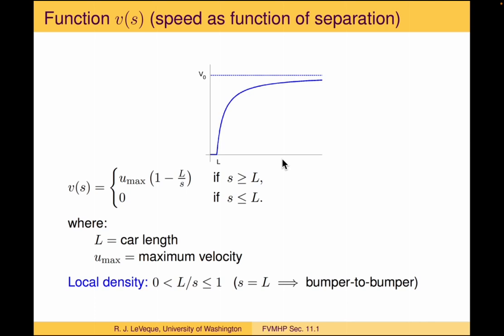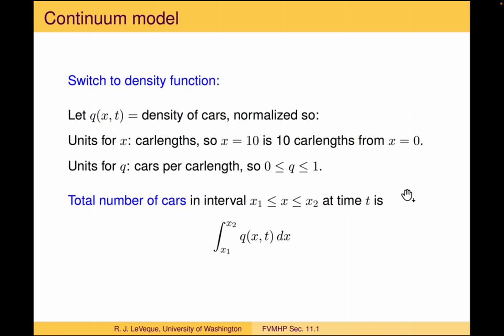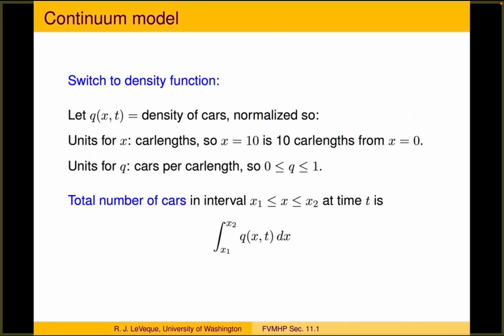So we can define a local density based on the separation between cars relative to the car length. The way it's defined here, that would be between 0 and 1, with 1 corresponding to bumper to bumper traffic and 0 corresponding to an empty road. So if we want to go to a conservation law now in a PDE, we want to switch to a density function. Here I'm going to let q represent the density of cars. That'll be the variable in our scalar conservation laws.